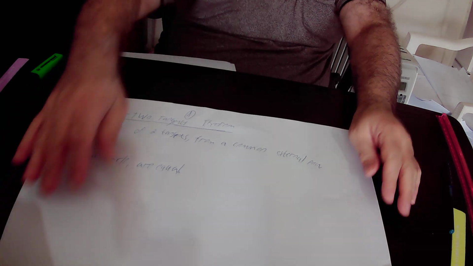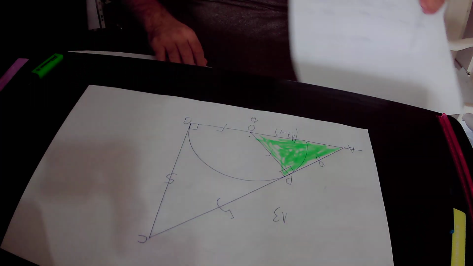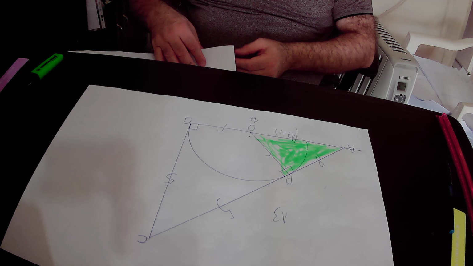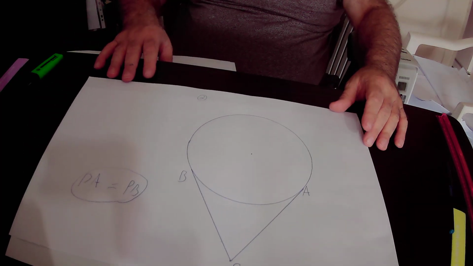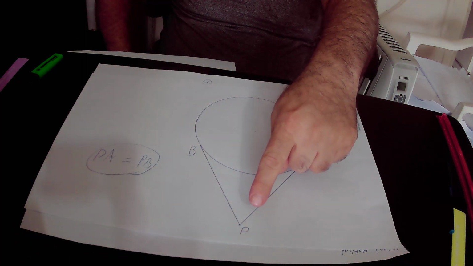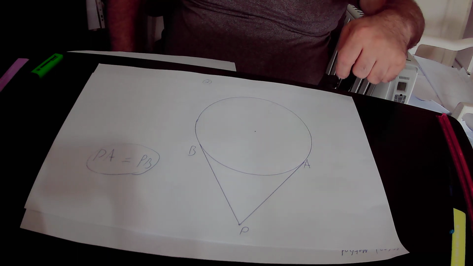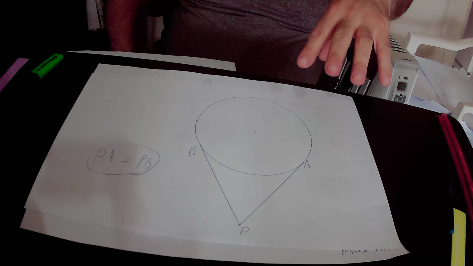So what is the meaning of the two tangents theorem? It means that if we have a circle and a point P that is a common external point, and from point P we draw two tangents to this circle, then the lengths of those two tangents will be equal to each other.